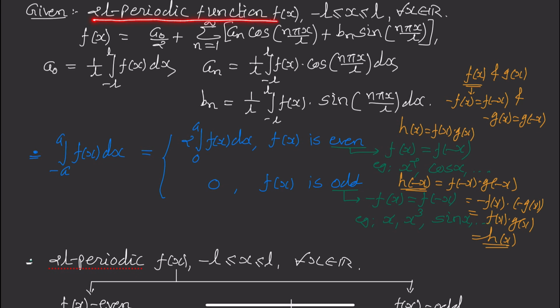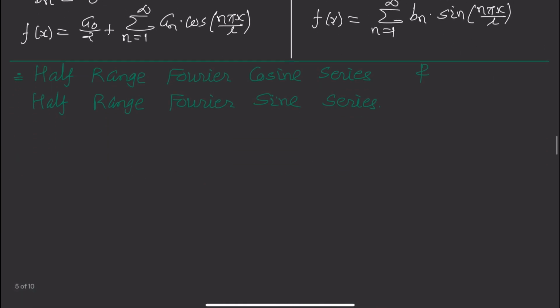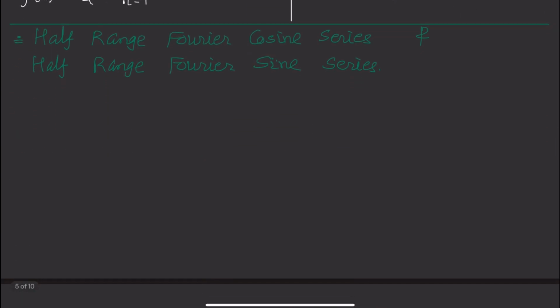Here the requirement is the functions are 2L periodic over minus L to L. So the total length of this fundamental domain is 2L. In place of that, suppose we are given the function f of x on the half interval 0 less than or equal to x less than or equal to L, and we are assuming that these are 2L periodic functions.